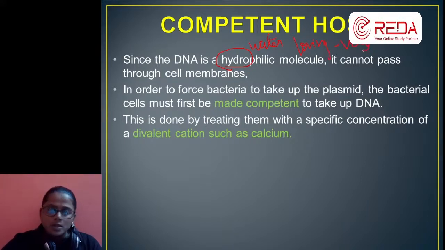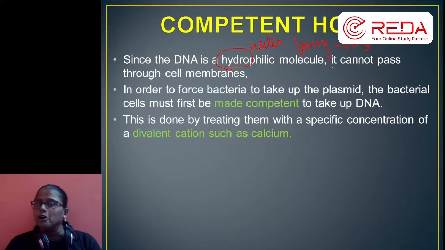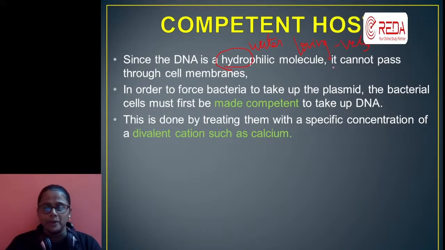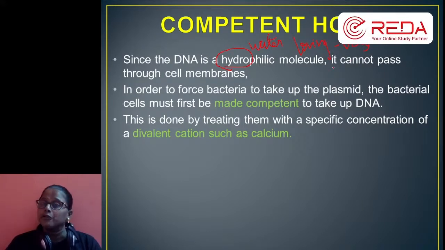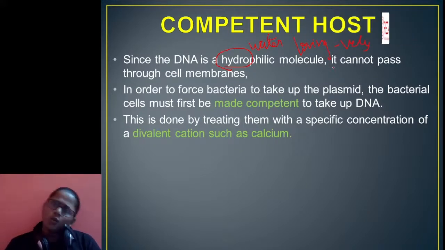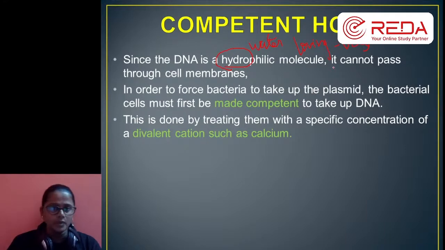As this is a property of DNA, it is very hard for it to pass through a cell membrane, because being hydrophilic, it always binds to water molecules. So it doesn't want to penetrate into the membrane.